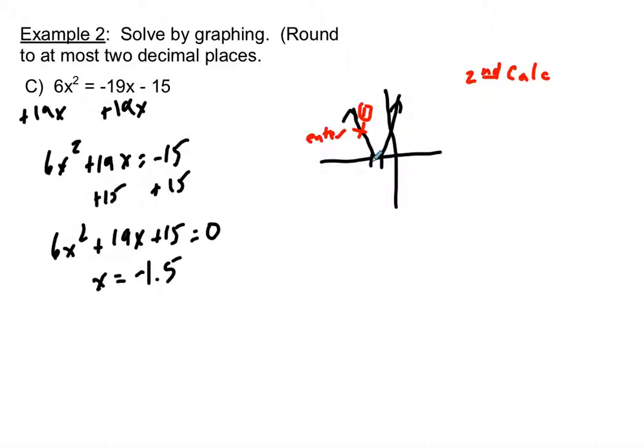Then we moved our cursor down here, over here on the second side, on the right side, and we hit enter, enter. Because this time we only had one x-intercept, and it was there at negative 1.5.